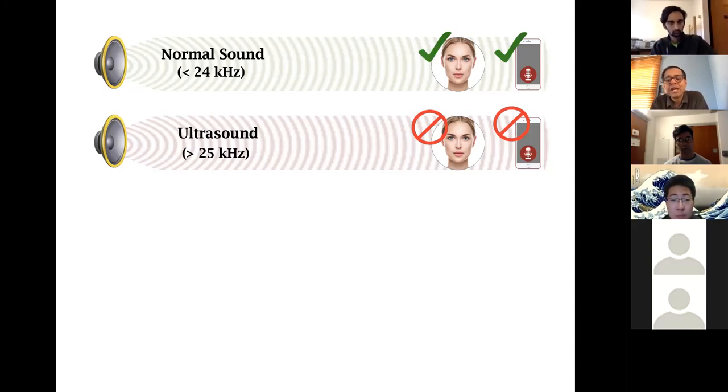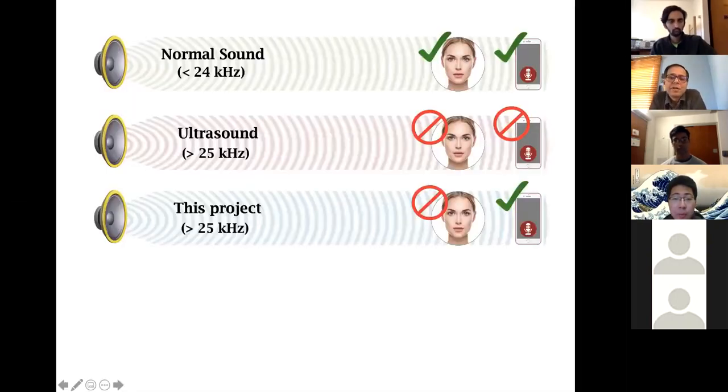And therefore, it is neither audible to humans nor audible to microphones. Why? Because microphones are designed to behave like humans. So if humans cannot hear more than 24 kilohertz, microphones have a filter that eliminates everything more than 24 kilohertz. So if you play an ultrasound, the microphone is not going to record that ultrasound. Okay.